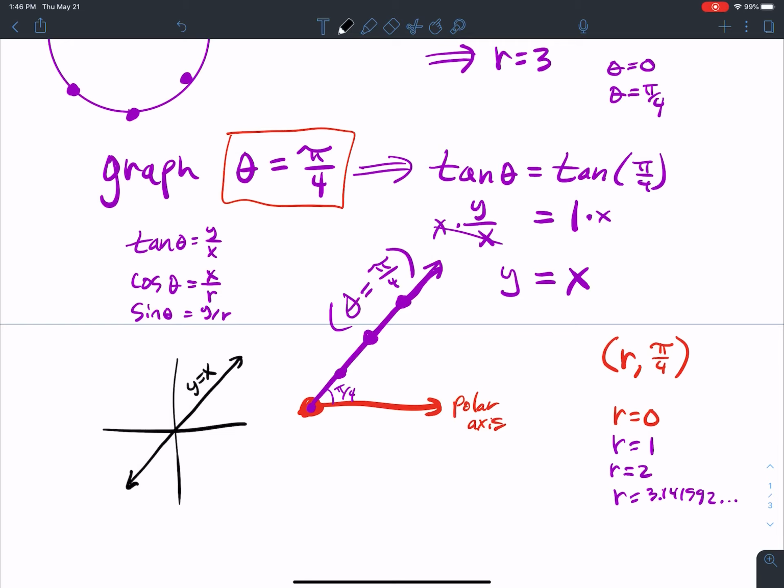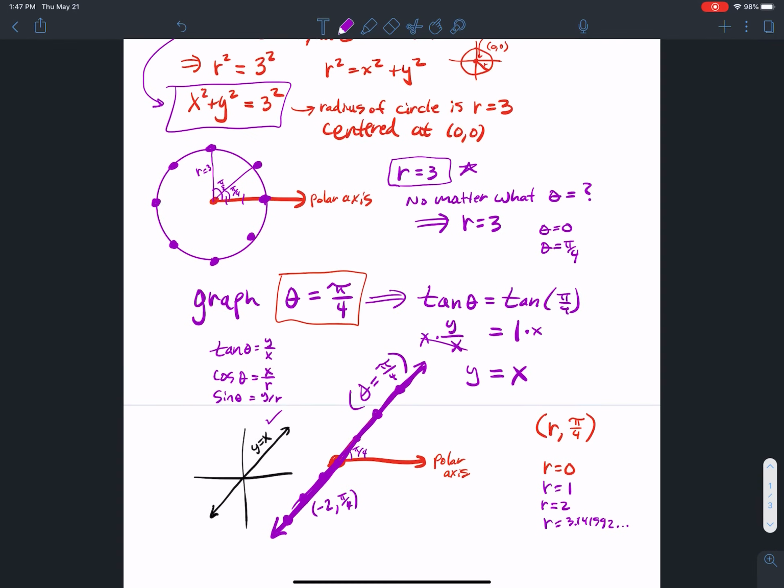Not only does this work for positive r's, but it also works for negative r's. So maybe over here it's negative 2 comma pi over 4, negative 1, negative 3, whatever. So it gives me this line right here, that y equal x line.